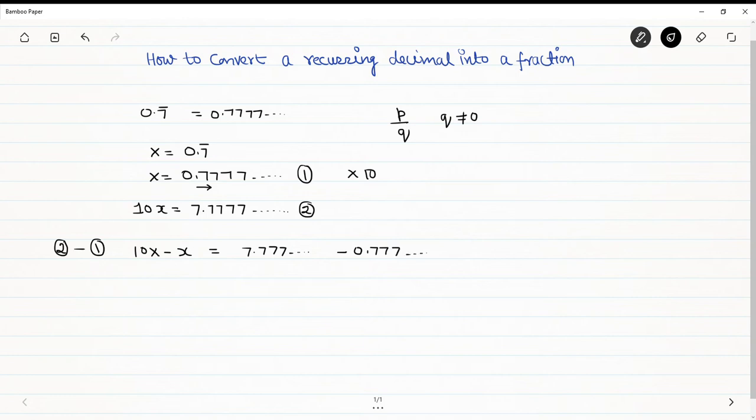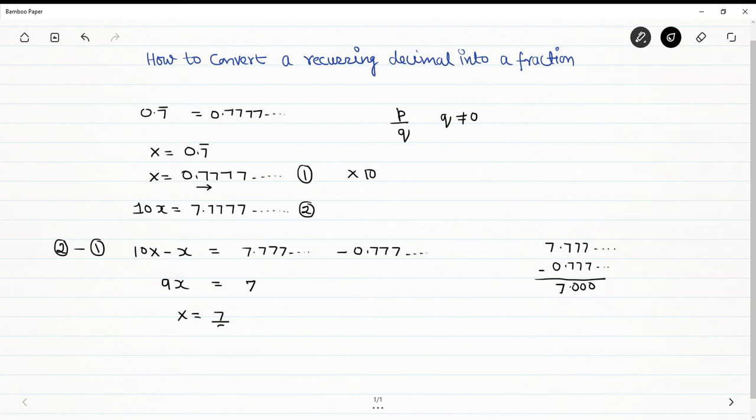So if you carry out this operation, you will see 9x is equal to only 7 is left here. Why? Because it is 7.777 dot up to infinity, and this is 0.777 dot up to infinity. So if you subtract it, obviously you are only left with 7.000 up to infinity. So it is basically 7 that is left. Hence x is equal to 7 upon 9.